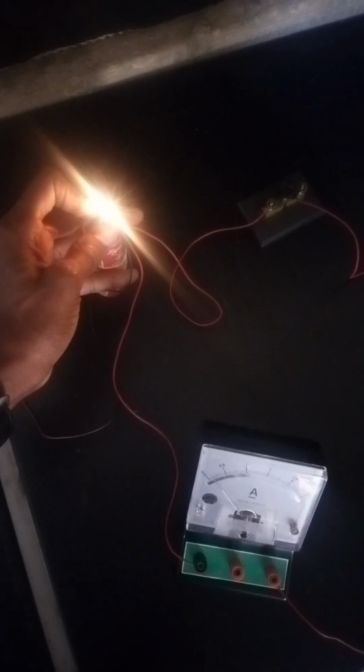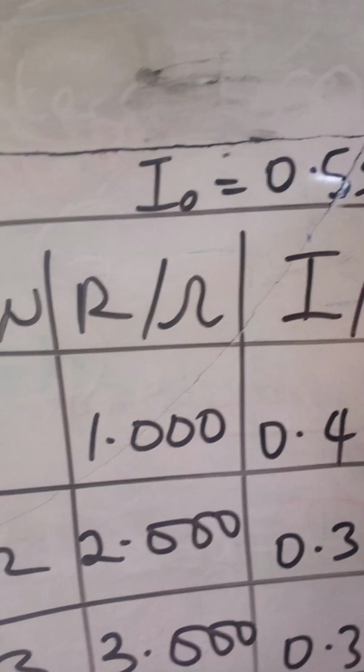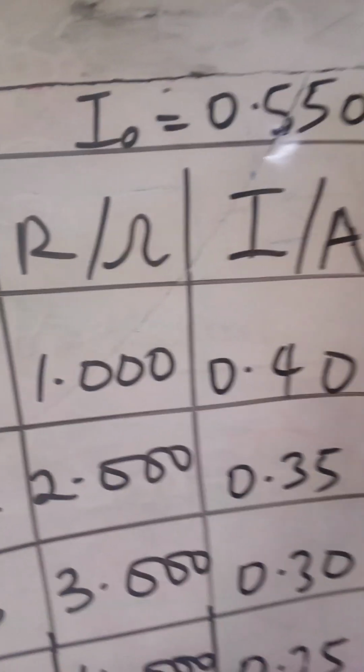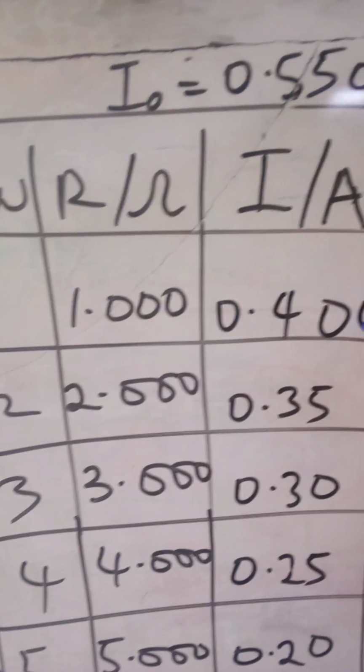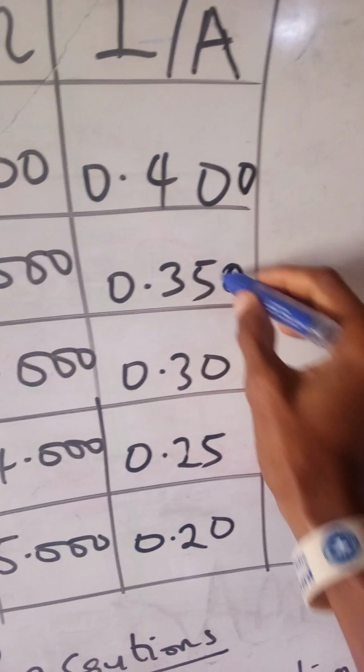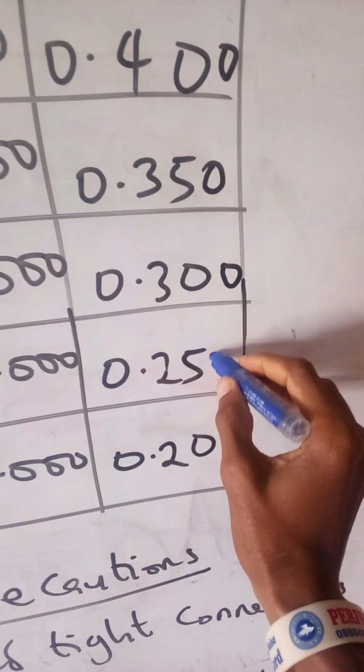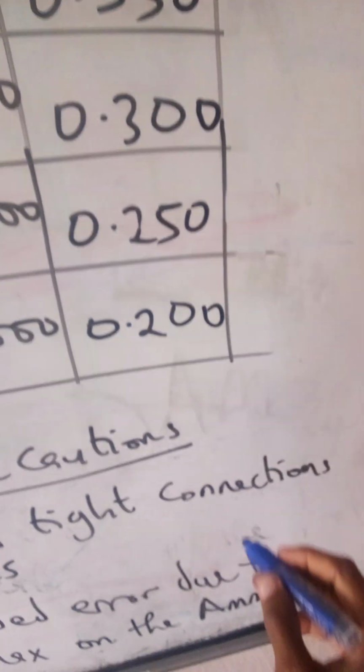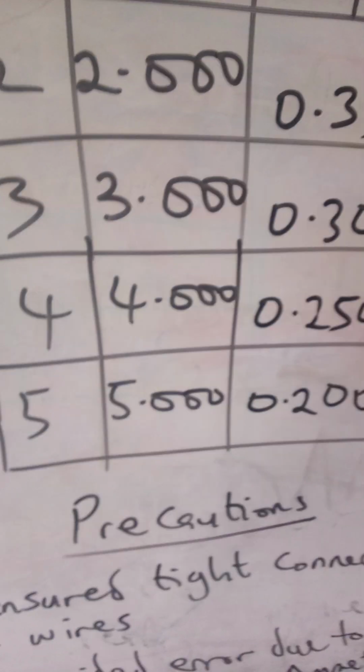And that is all for today. So we go to the table and reflect the readings accordingly. So 0.550 ampere. We've put our values as you can see. The examiner might ask us to plot a graph.